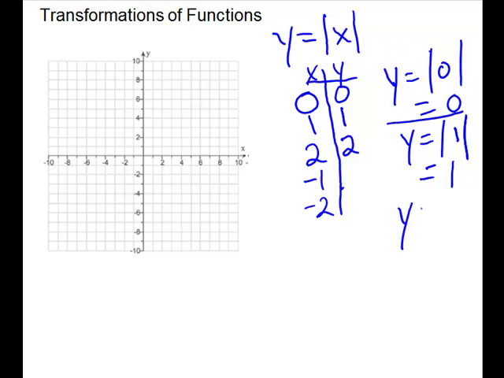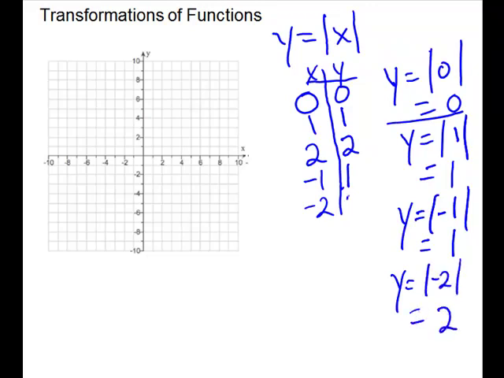Absolute of -1, remember, when you take the absolute, it's distance. So this is equal to +1. And the absolute of -2 would be +2. It's 2 units.